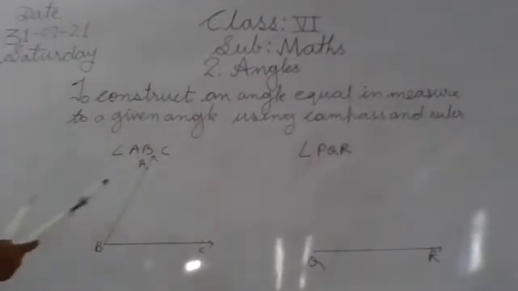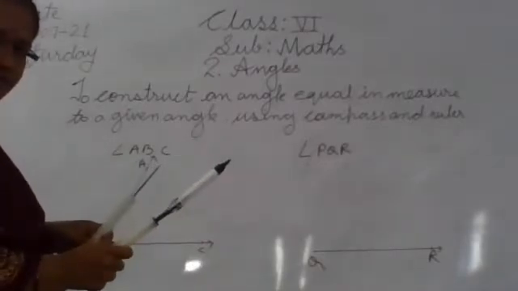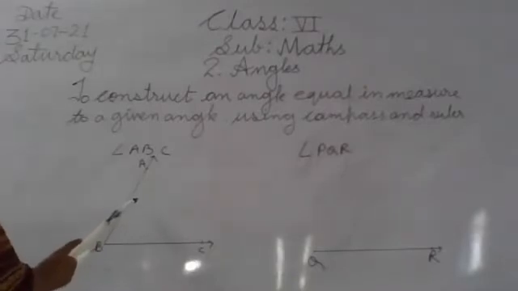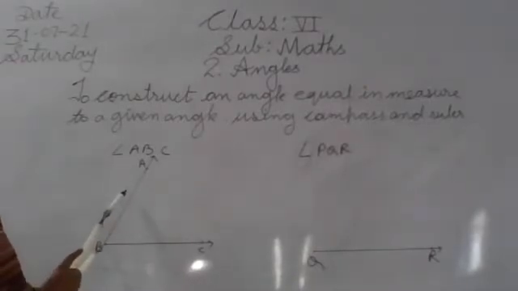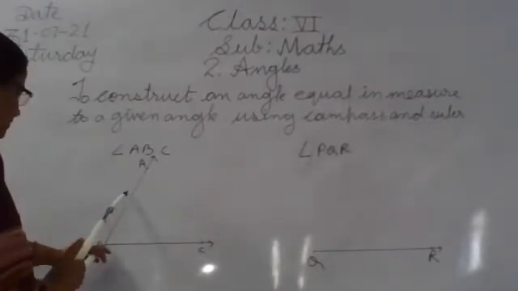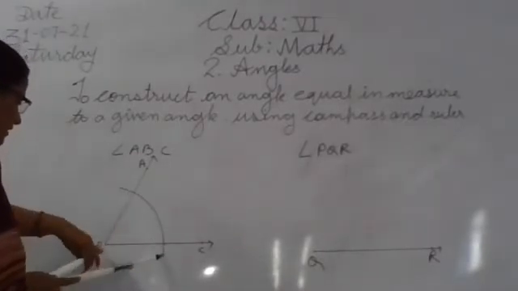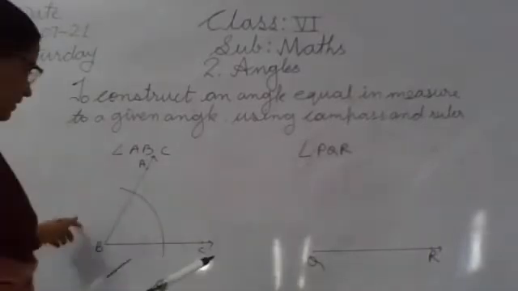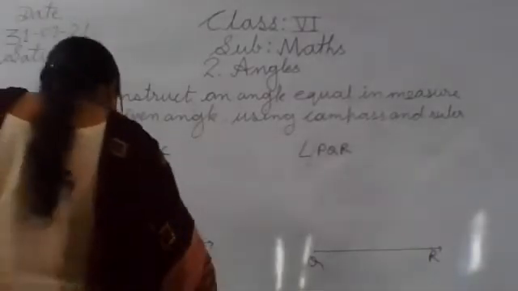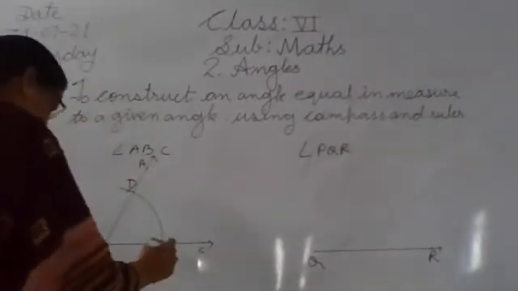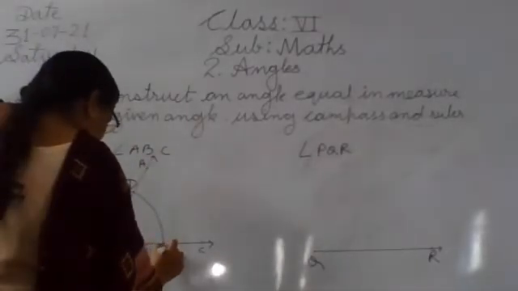And taking a convenient distance, so you can take any convenient distance, draw an arc to cut the ray BA. So place it over this vertex B and cut an arc like this, which cuts ray BA at point D and ray BC at point E.